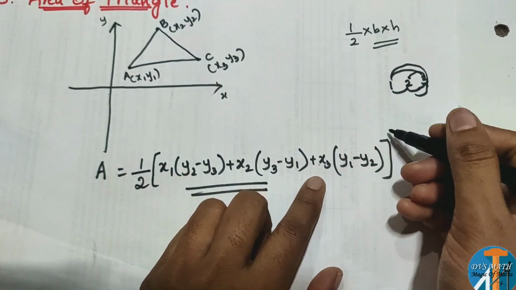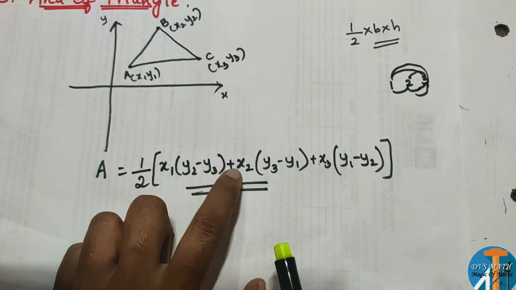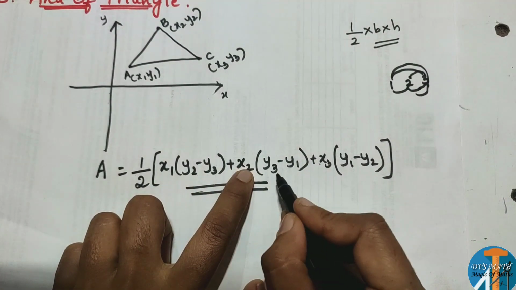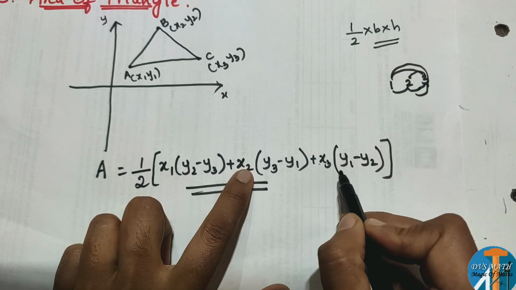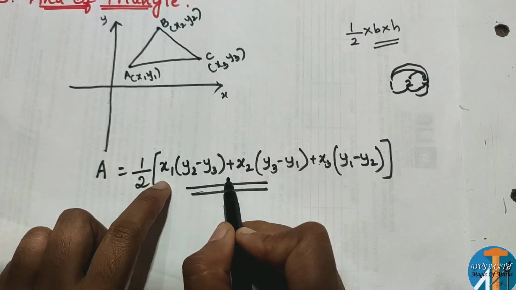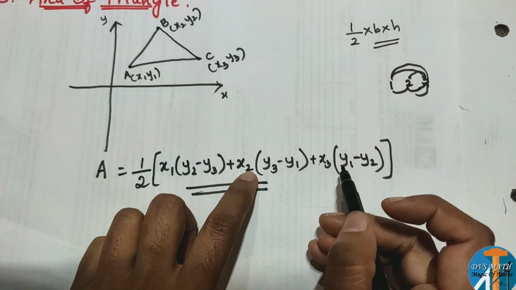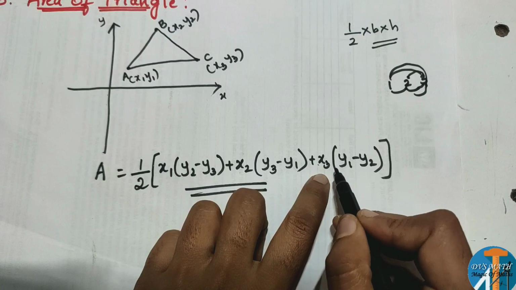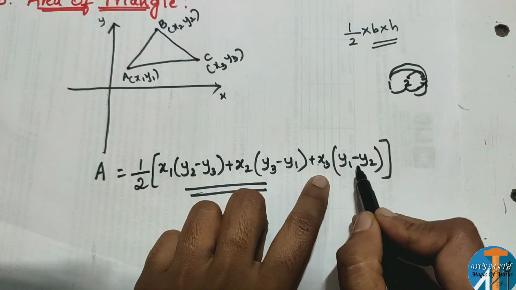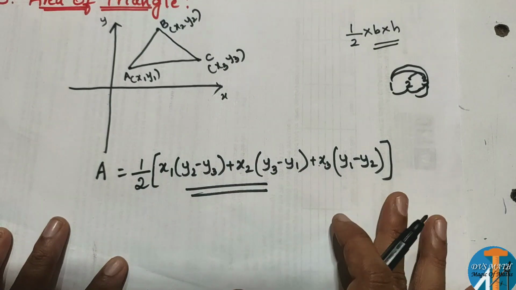So observe: x1 into y2 minus y3, plus x2 into y3 minus y1, plus x3 into y1 minus y2. After 1 you go for 2, 3. After 2, 3, 1. After 3 you come back to the first, 1, 2. So y1 minus y2. This is the formula of area of triangle that you have to remember.